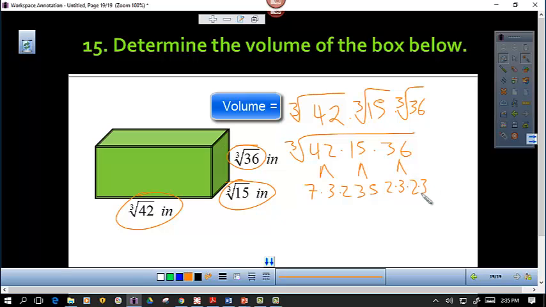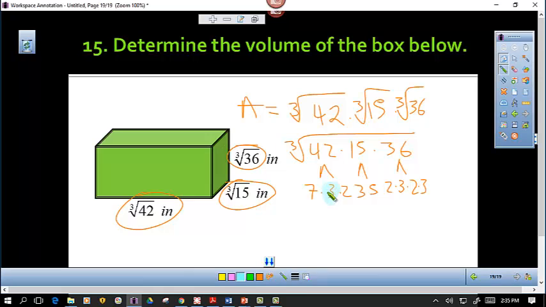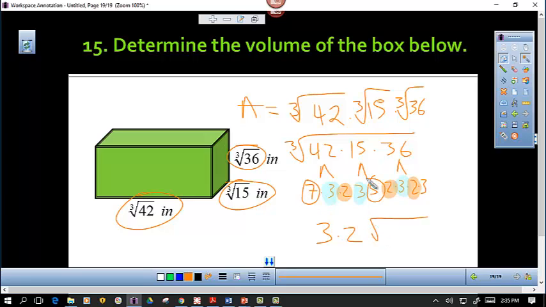Now you look for groups of 3. I have 1, 2, 3 threes. I have 1, 2, 3 twos. But all the rest do not have a group of 3 to go along with. So we have 7, 5, and 3.